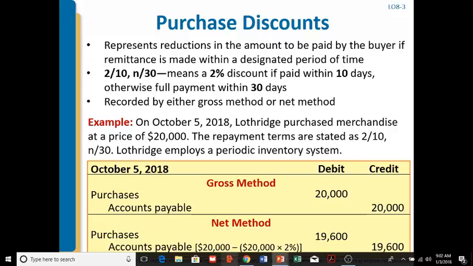It boils down to, how do you treat the sales discount, the purchase discount? A sales discount is the same as the purchase discount. It's a sales discount to the seller, and a purchase discount to the buyer. Same concept, just different nomenclature depending on which side of the transaction you're on.